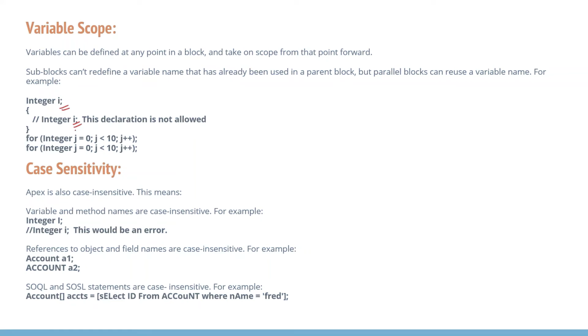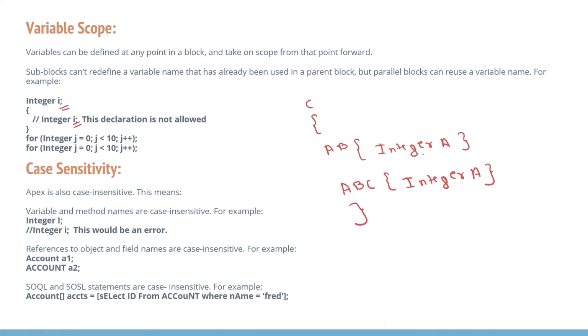So for instance, we have a class, and in that class we have method AB. In AB we have, for example, integer a. Then we have method ABC, and in that also we have integer a.